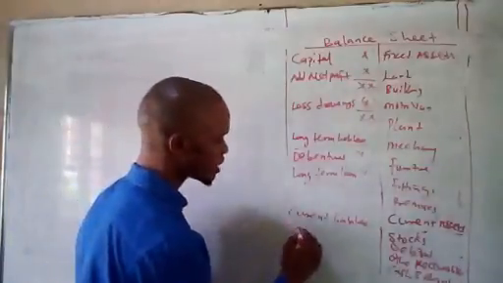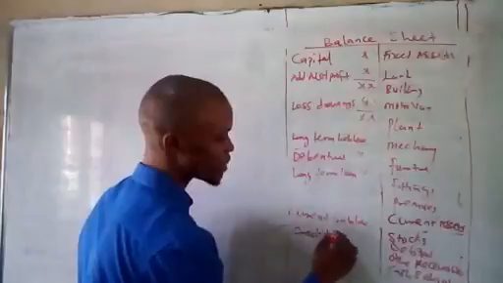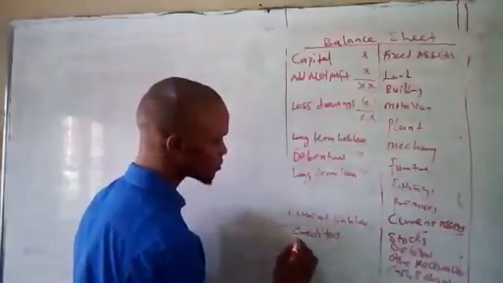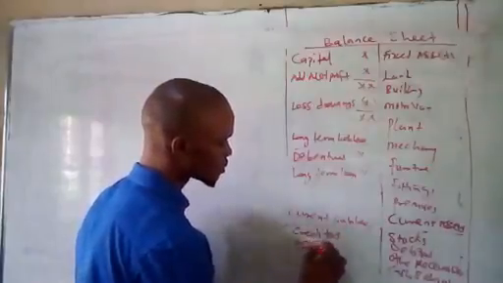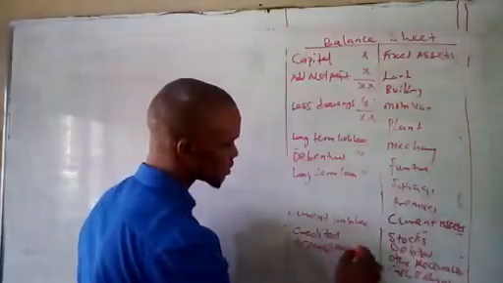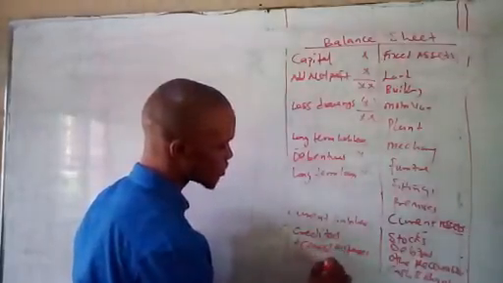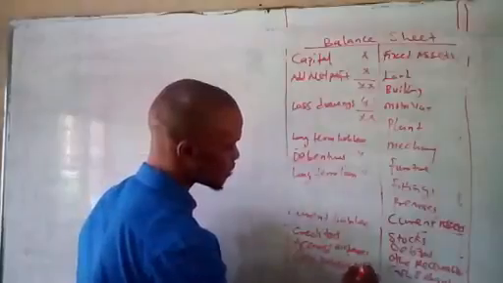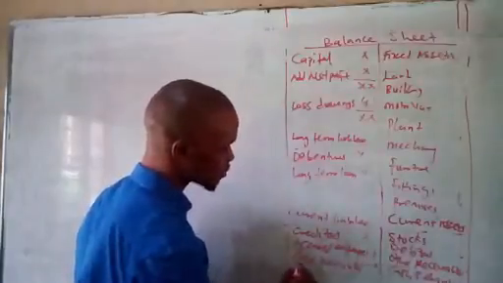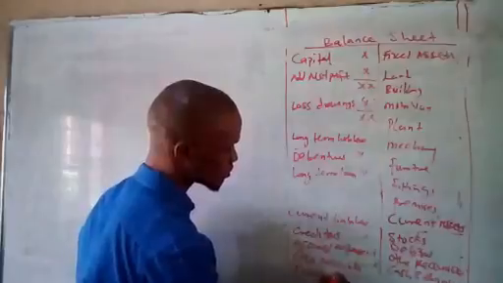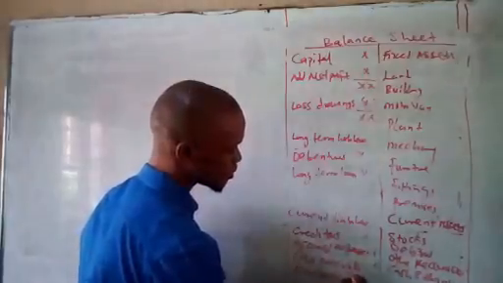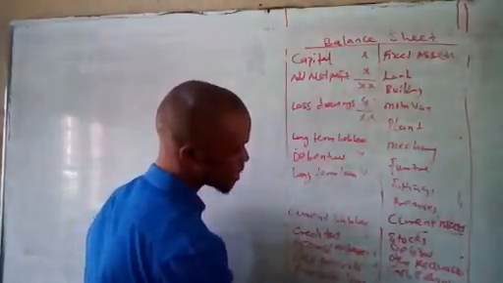We have creditors, also known as payables, accrued expenses, other payables, and short-term loans. Then you add it together.